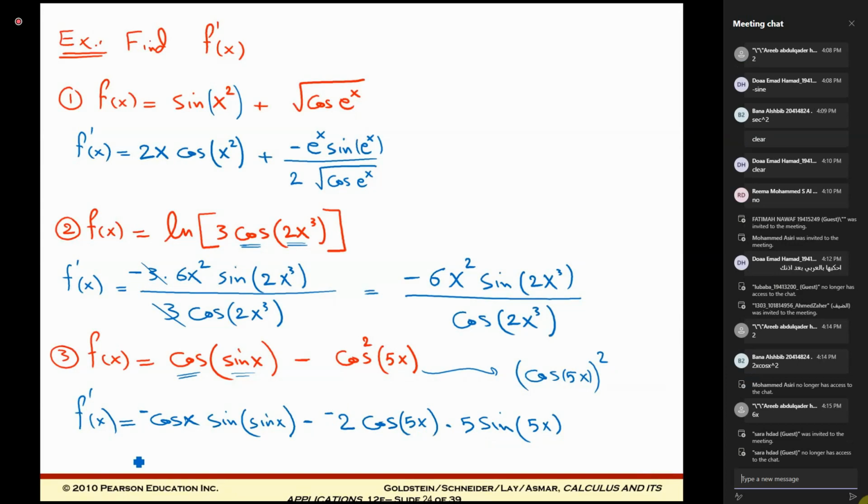So we can simplify this one, negative plus, we have 2 and 5, 10, and we have cosine 5x multiplied by sine 5x also.